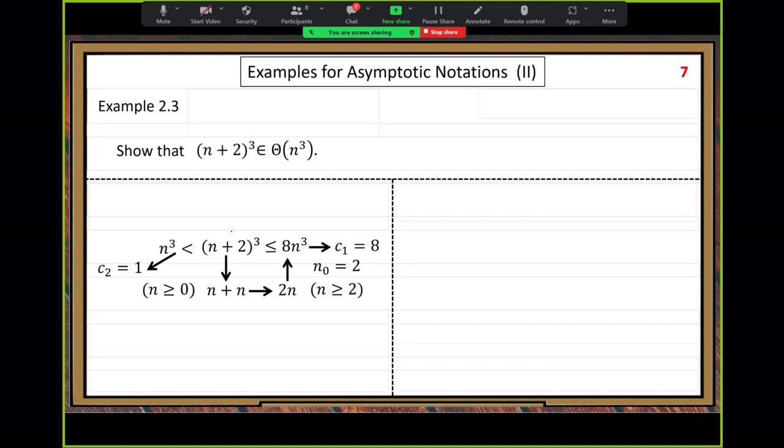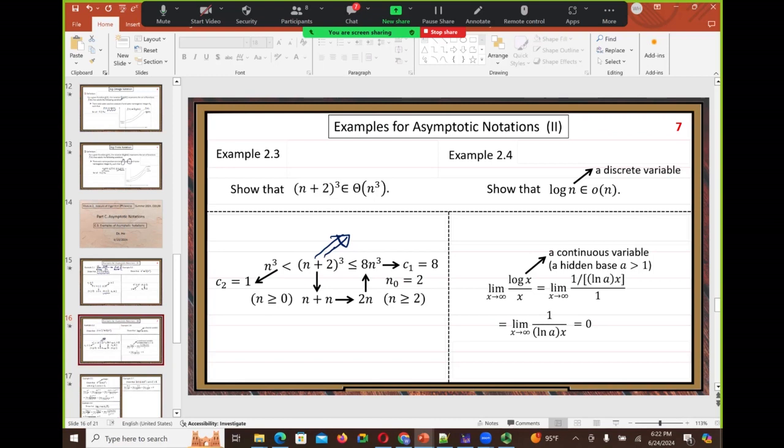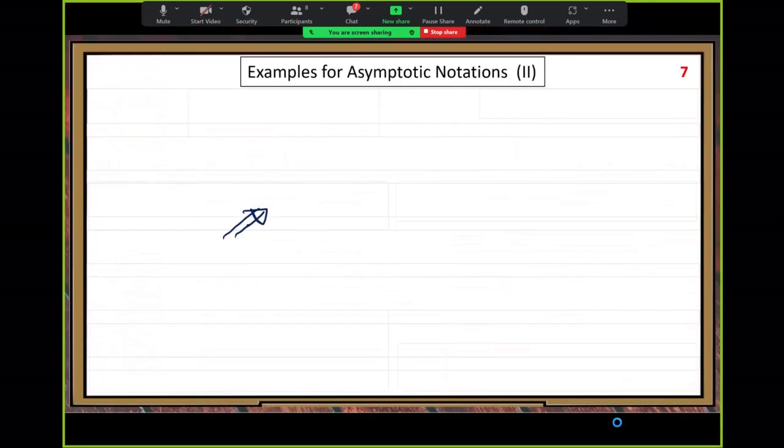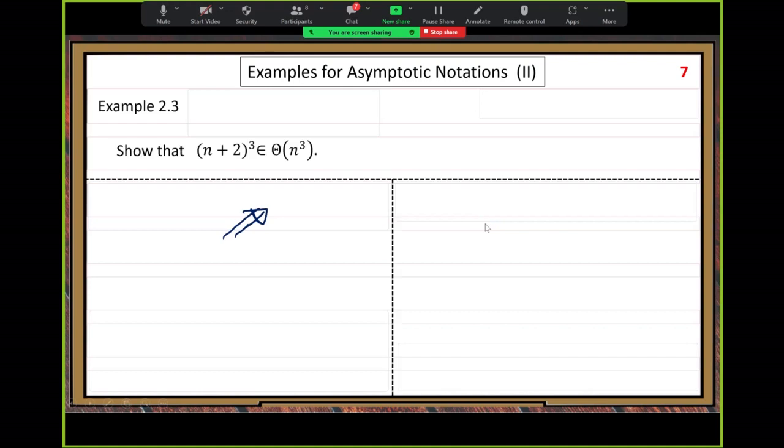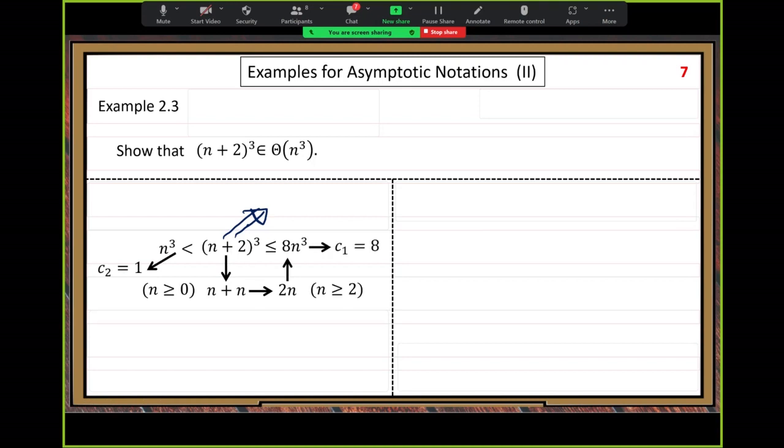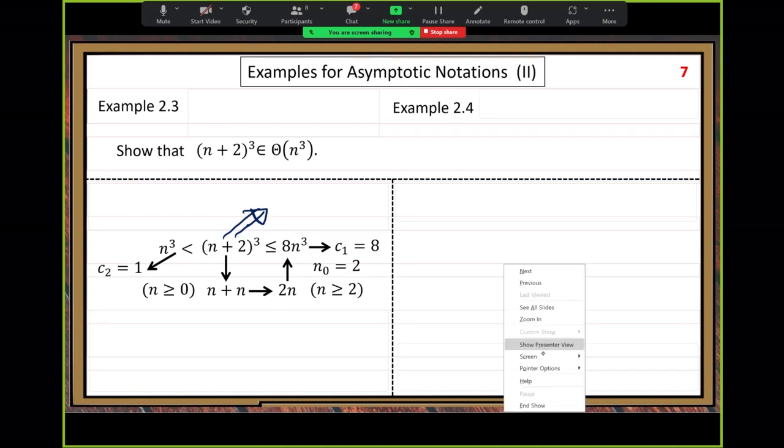Those students used the polynomial or binomial expansion formula we learned before.